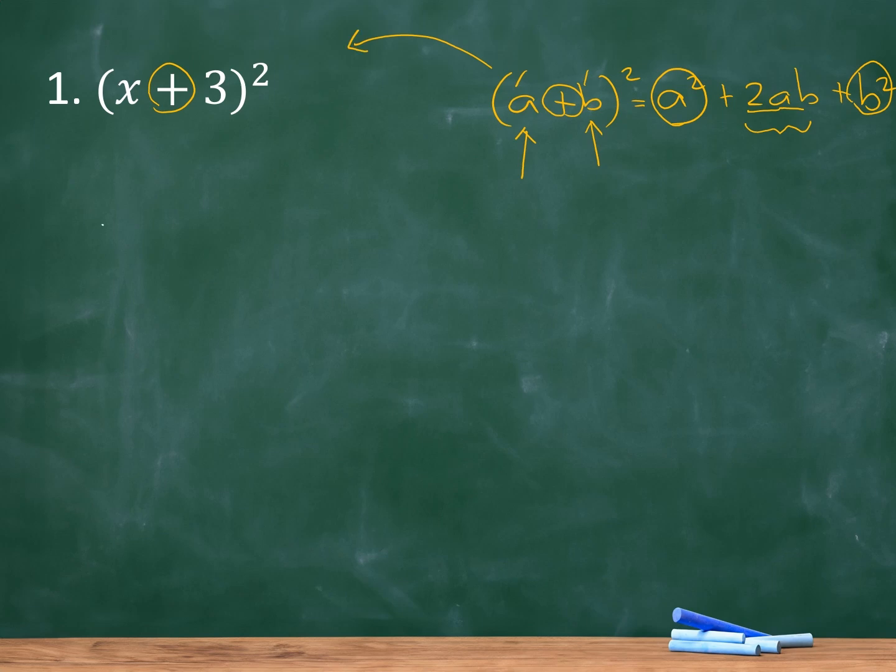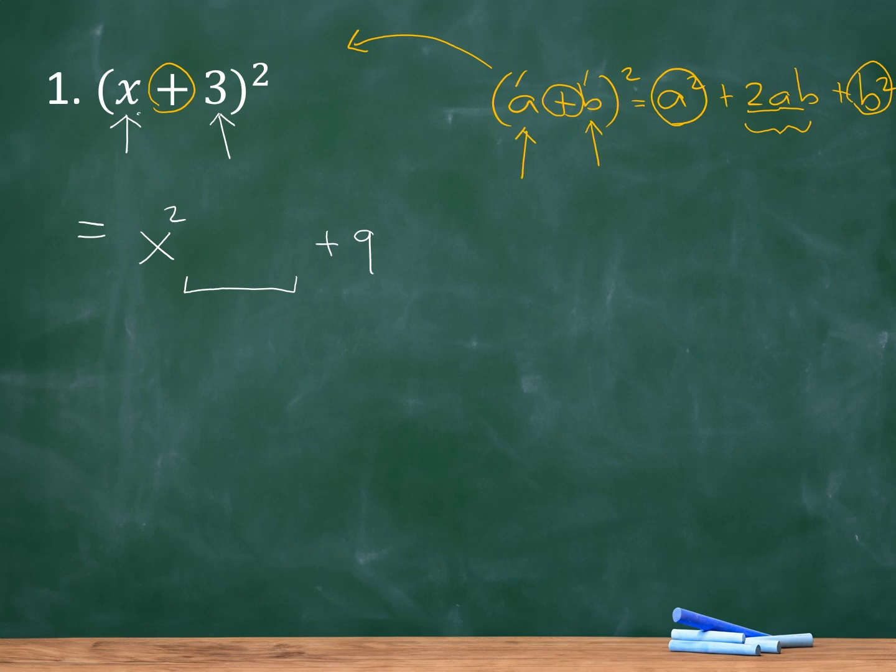So what we're gonna do is we will square the first term, so x times x, it's gonna be x squared. And then we will square the second term, so that's 3 times 3, which is positive 9. And then to get the middle term, we will just multiply the first and the second term.